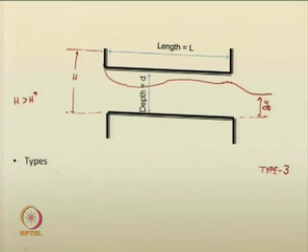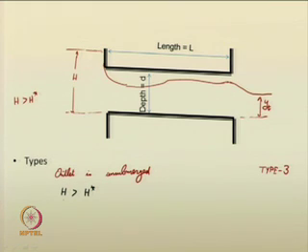Such a type of flow is called type 3 flow. Here the outlet is unsubmerged, okay, and you have H greater than H star. H is greater than H star, outlet is unsubmerged.